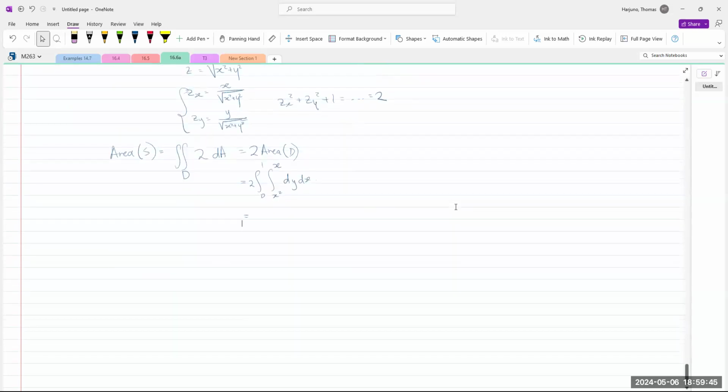Okay, oh, you can just do it with a single integral for God's sake. 2 times the integral from 0 to 1 of x minus x squared dx. So that will be 2 times 1/6, right? 2 times 1 over 6, which is 1/3.